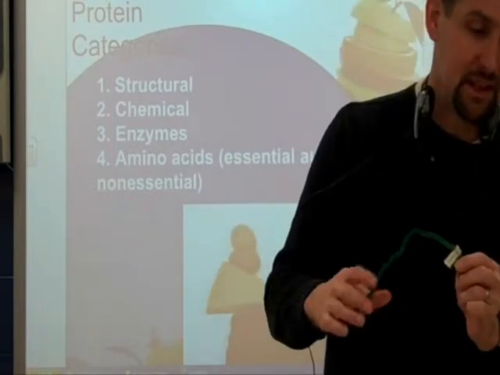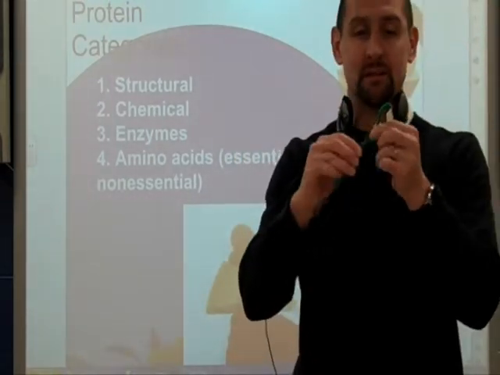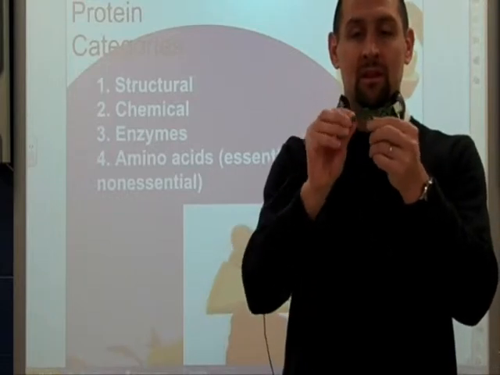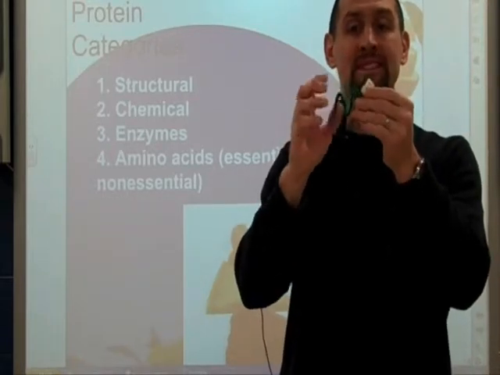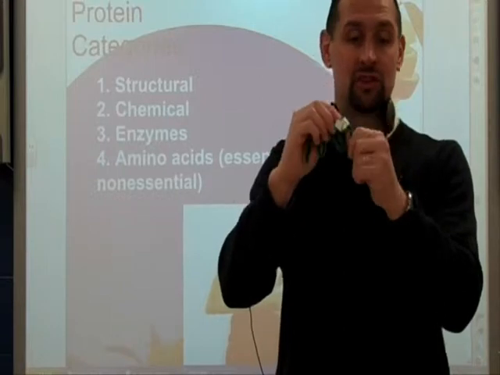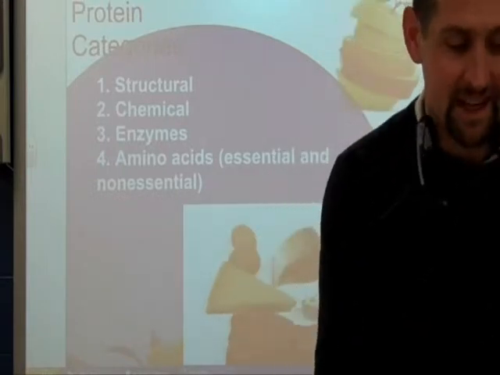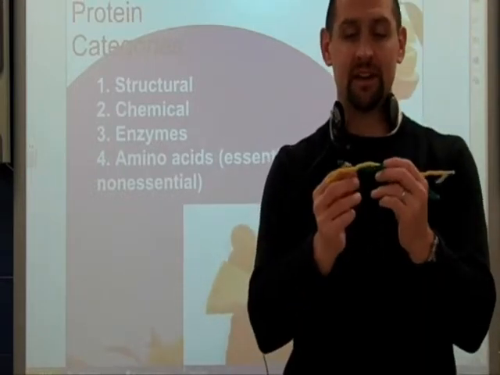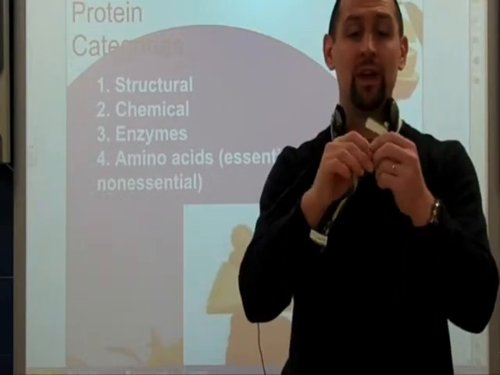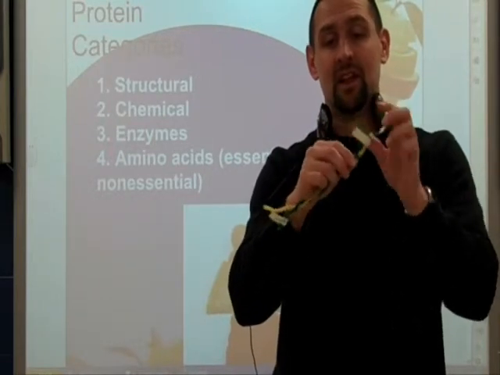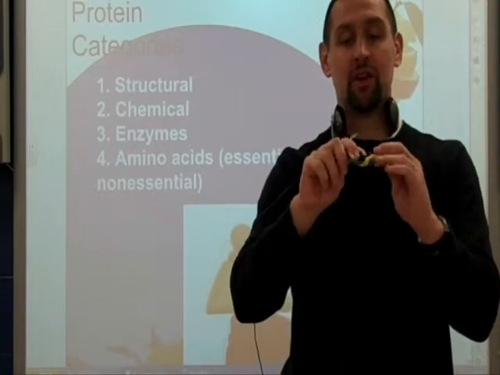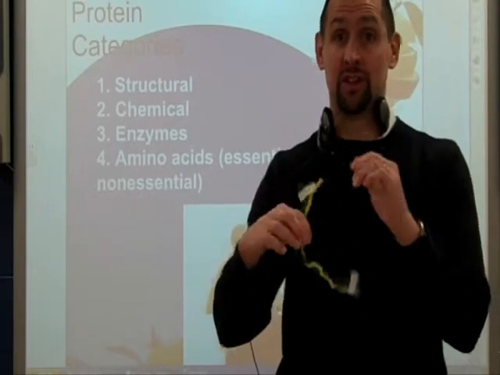If I bend this around a little bit and give it some shape, like that, that would be secondary structure. But I can take that secondary shape and wrap it around, or with other amino acids, into some shape. That's called tertiary structure, like the third level.